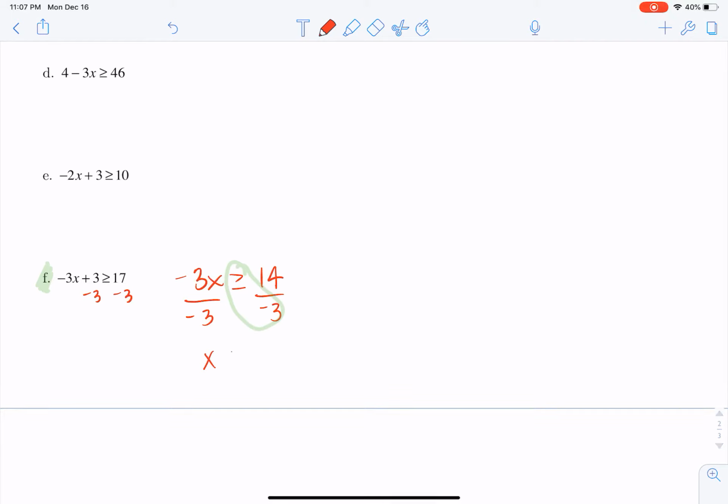So x is less than or equal to -14 divided by 3. So on my number line, if I have -14 over 3, I have 0 here. I'll have a closed circle here, and I'm looking at all of the x values that are smaller than -14 over 3.